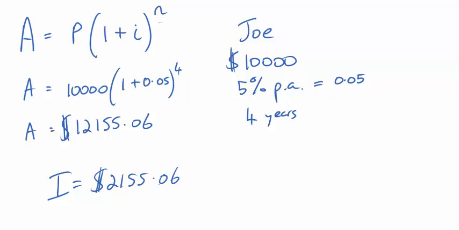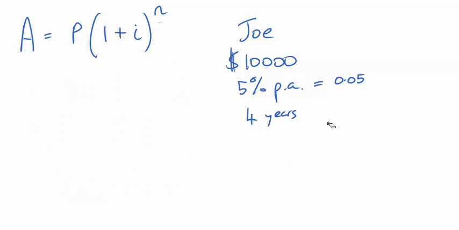So this is a straightforward substitution into the compound interest formula in the forward direction. But what if the question is a little bit different? Alright, it's still Joe. It's still the same bank, 5% per annum, and we're still going to have it in there for 4 years.